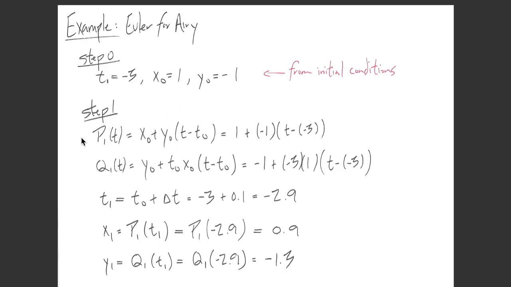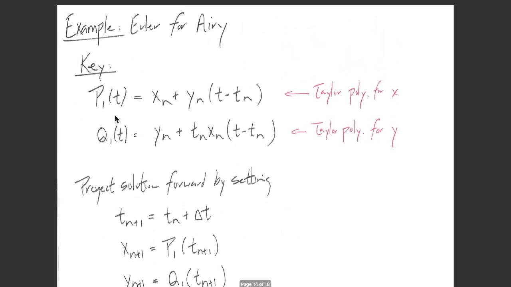So in step 1, we first compute our Taylor polynomials, p and q. Here's where I'm using the values I computed a few slides ago: p1 is x n plus y n times t minus t n, and q1 is y n plus t n x n times t minus t n.